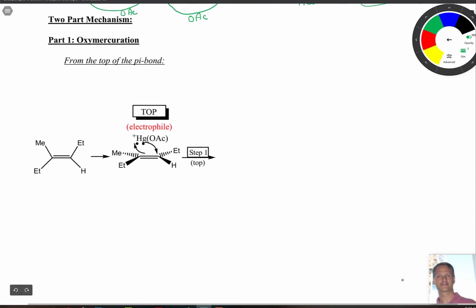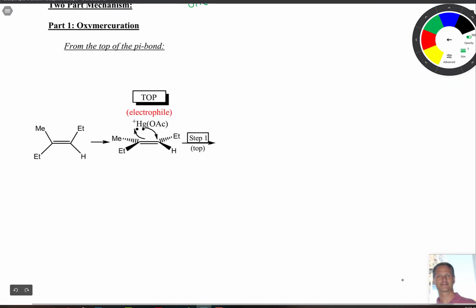That's what's going to react down below. It's going to be a positively charged mercury ion. Now, this reaction can occur at the top and the bottom. If you flip back to your notes where we filled this in on the first page, these anti and syn additions can do this top and bottom attack. So I want to look at this molecule. I've got a methyl and an ethyl, and an ethyl and an H. We're going to turn it over on its side, because it's the p orbitals that we want to interact.